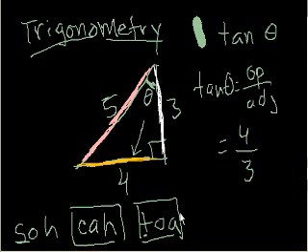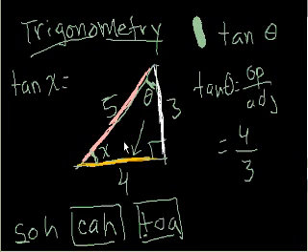Now let's do another angle on this. Let's call this angle here, I don't know, let's call it x. I don't know any other Greek letters. So if we wanted to figure out the tan of x, let's see if it's the same as the tan of theta. The tan of x. Well, now what's the opposite side? Now the opposite side is the white side, right?